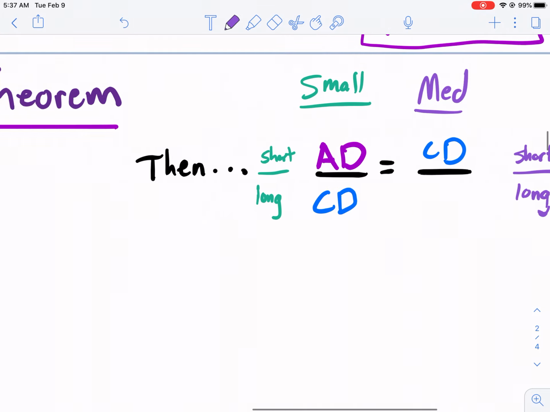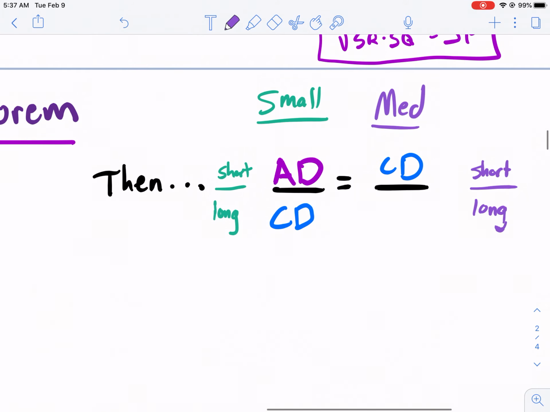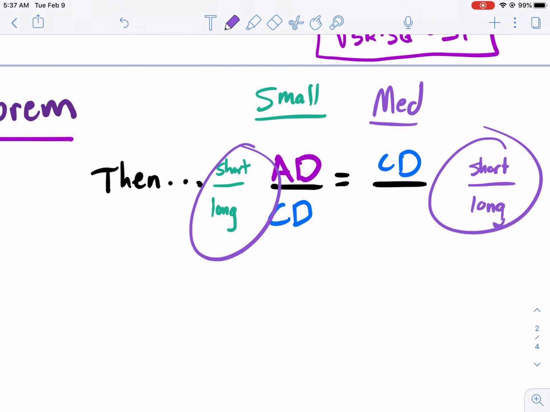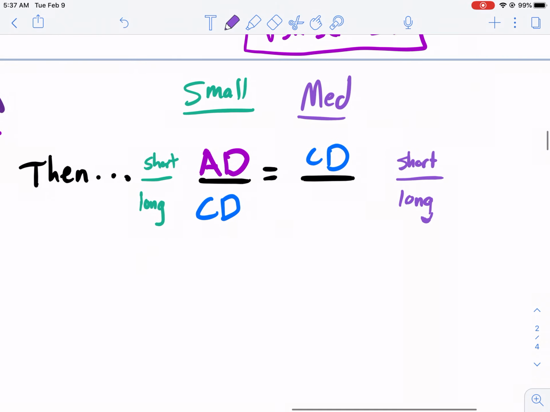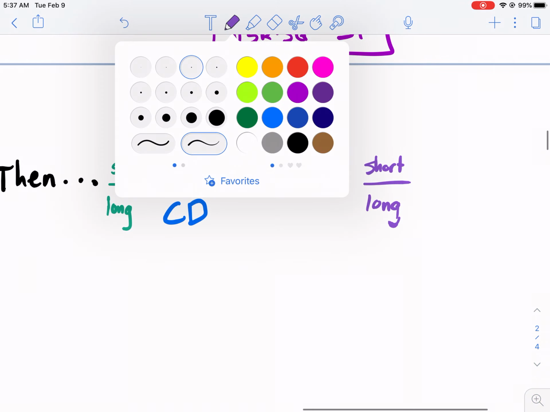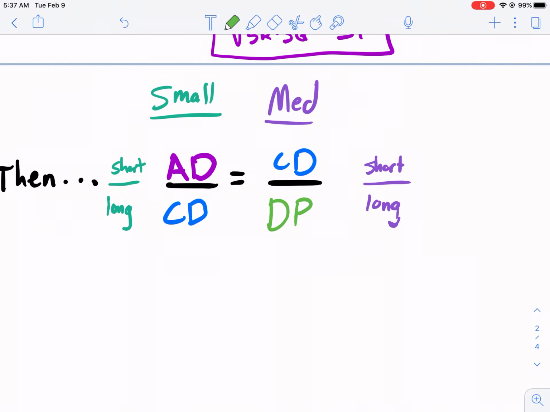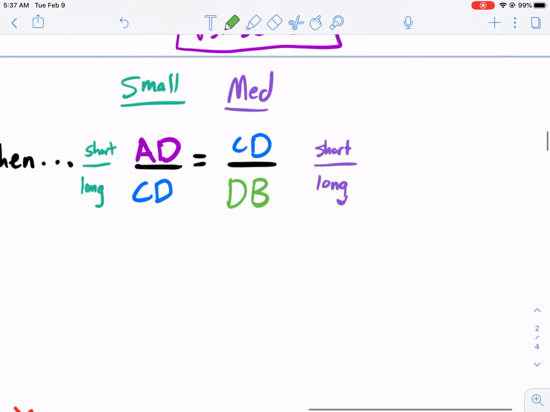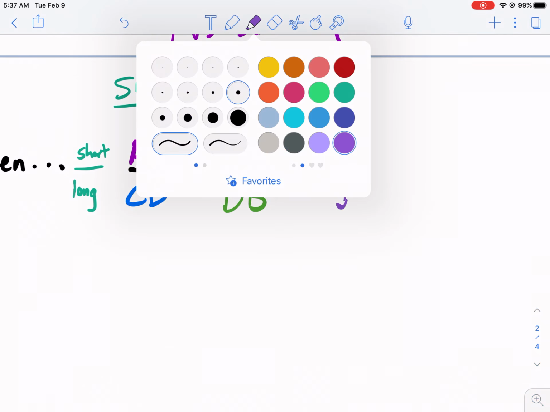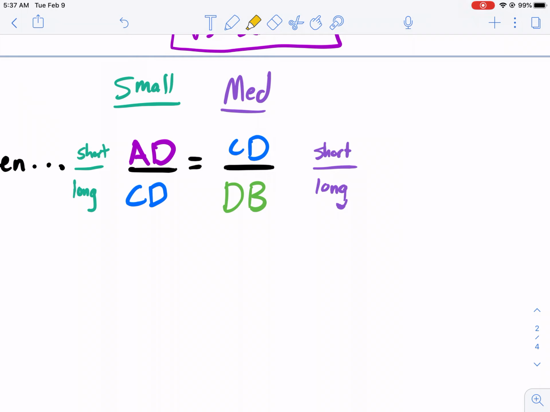We already said we're comparing short to long. We have to be consistent on the left side and the right side, short to long, short to long. So the short side is CD, which makes the long side DB. This is always going to be the case. If you're comparing the short to long side on the left and right side, you're always comparing the small triangle to the medium triangle.